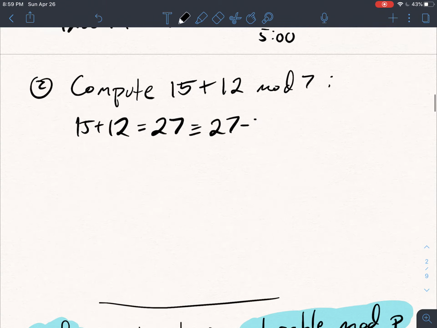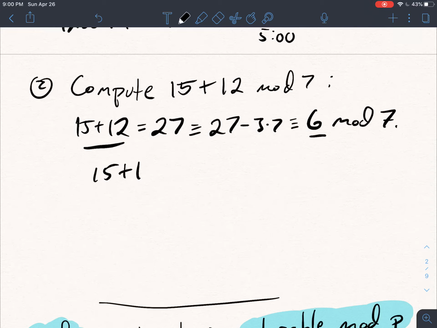I'm not saying 0 and 7, by the way, because 0 and 7 are congruent mod 7. So anyway, 27 is congruent to 27 minus 3 times 7, so that's 21. So 27 minus 21 is 6 mod 7. So 15 plus 12 is congruent to 6 mod 7.